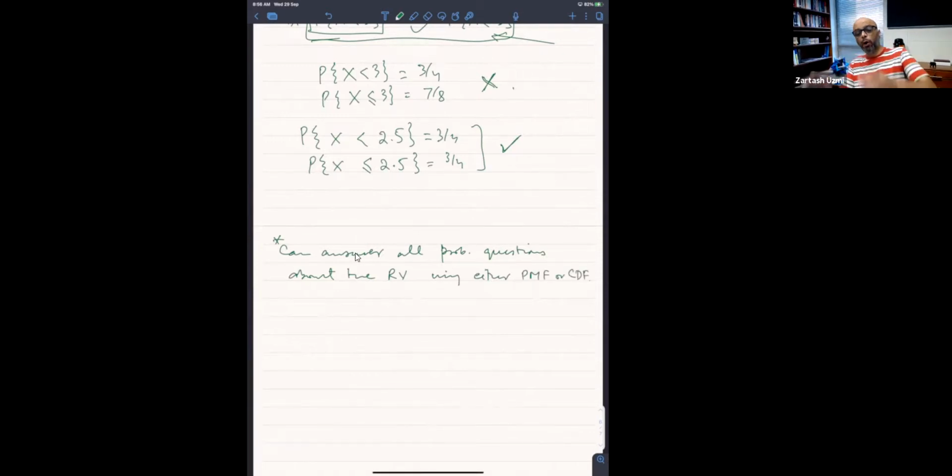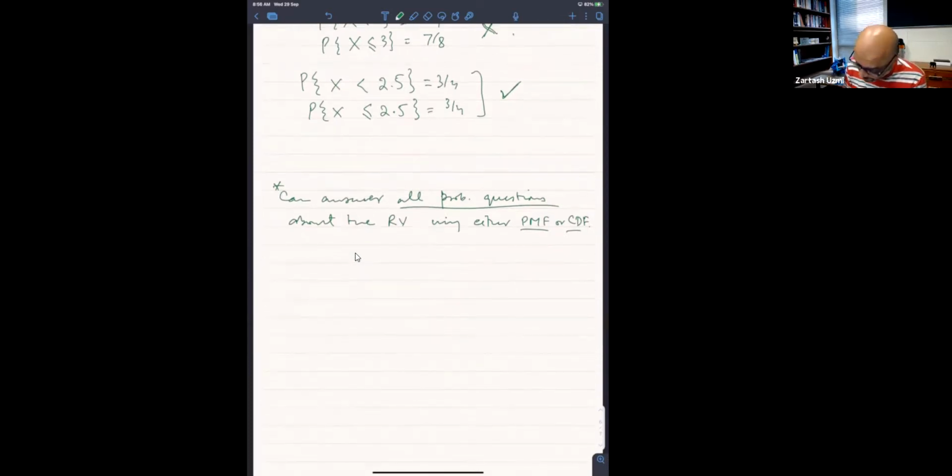Why is that the case? Because PMF tells you everything about the random variable. Similarly, CDF also tells you everything about the random variable. Since these guys tell you everything about the random variable, which means you can answer any probability question about the random variable by using the information from PMF or by using the information from the CDF. सब आंसर कर सकते हैं कैसे?